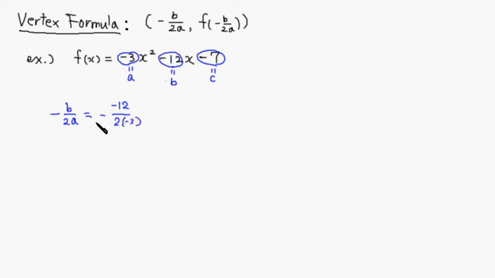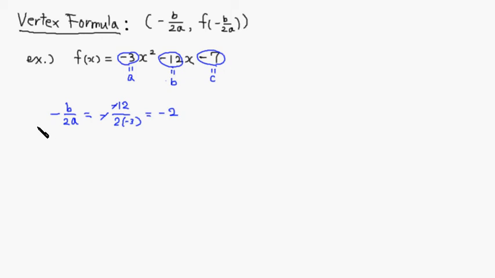You can see that this is going to be a double negative, so it cancels out the negative sign, and it's going to be 12 divided by negative 6, so it's going to be negative 2. So the x coordinate of the vertex came out to be negative 2.